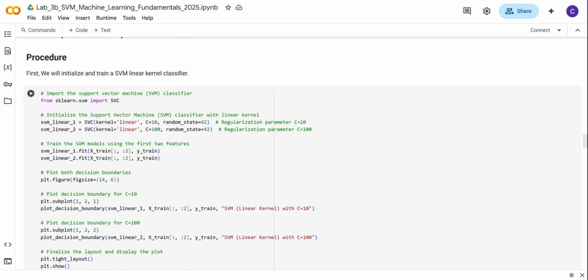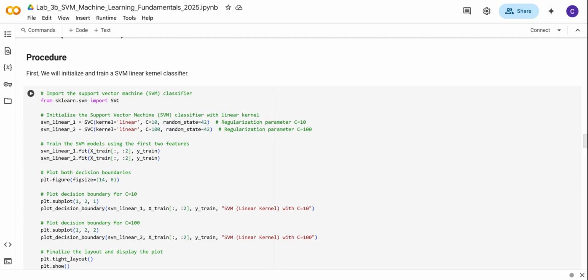Here we are going to call in the sklearn SVC class, which contains the support vector machine algorithm for classification. For the first linear case, we are going to define these parameters.